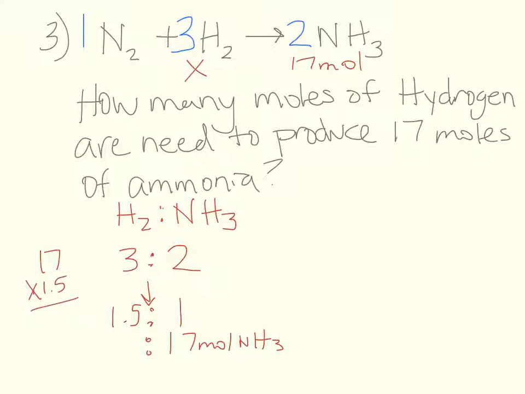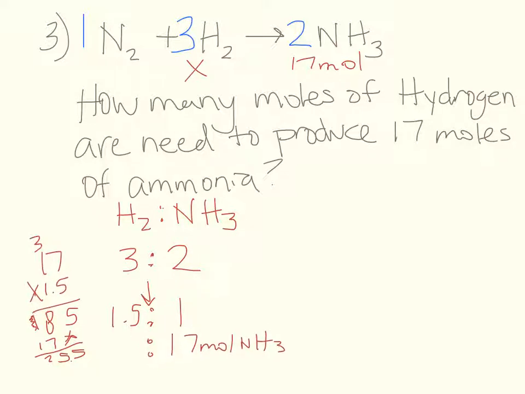So if we do that math, we're going to get 25.5 moles of H2. Okay, in the end. So that's going to be our answer right there, 25.5 moles of H2.